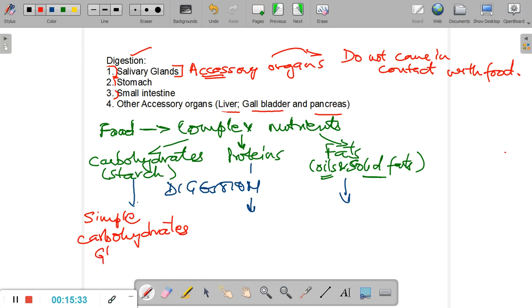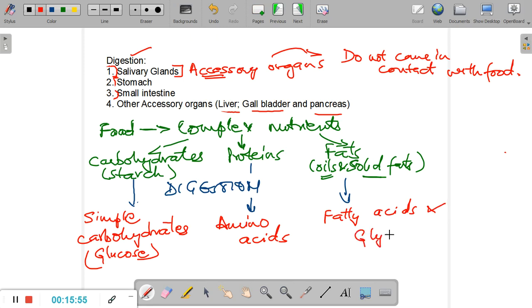An example of a simple carbohydrate is glucose. Proteins are broken down into amino acids, so that we can make proteins of our own choice, the proteins that make our body. And fats are broken into fatty acids and glycerol.